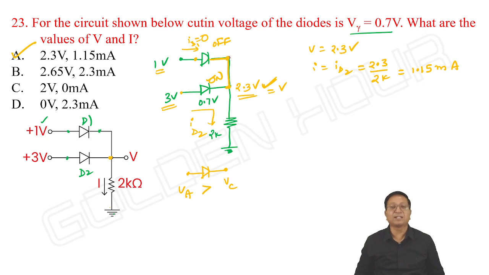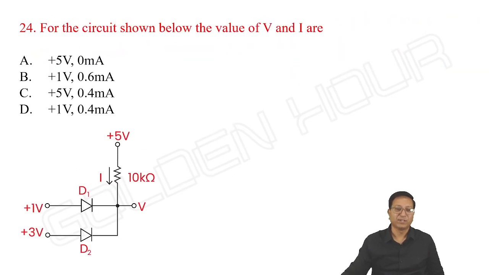Here I am not calculating the current through each diode. Instead, straight away I am doing it like this. See this problem. For the circuit shown below, what are the values of V and I?